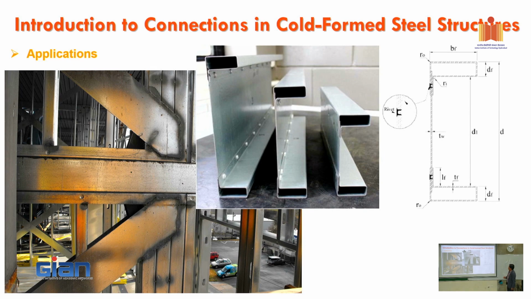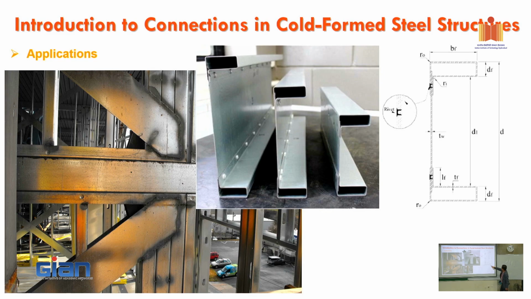And the other interesting one is not really common, but this is part of research from Professor Mahendran from QUT in Australia, where the idea is they come up with 3 bits. One is web, one is top flange and bottom flange. They're all separate. So what they're using is rivet, just clip it together along the length of the member.